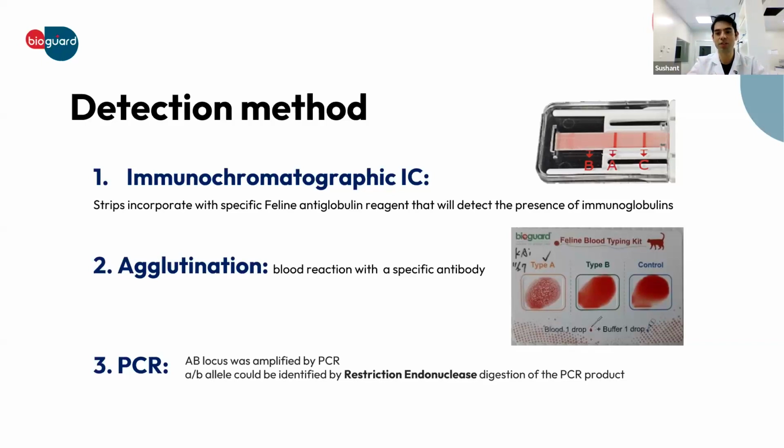For example, you can see here we have produced our own feline blood typing kit, which is also based on the agglutination method, where the card is embedded with specific antibody, and it reacts with the antigens of the blood to give you a particular reaction, where agglutination of the blood shows whether it's type A, type B, or type C. Or sorry, no type C. Last but not least is the PCR based method.